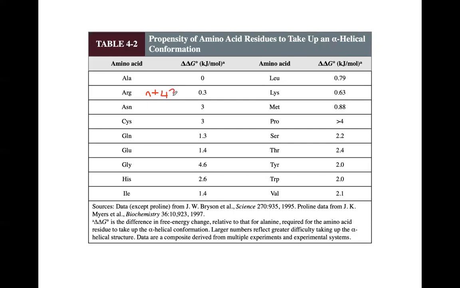This is just the average number, 0.3 kilojoules per mole. But what if you have aspartate in the N+4? Then this number may not be 0.3, it may even be negative, maybe even better than alanine. And you can see glycine is really bad, at 4.6. So there's very little energy gain through forming an alpha helix, and proline is bad too. The other amino acids are somewhere in between. Make sense?